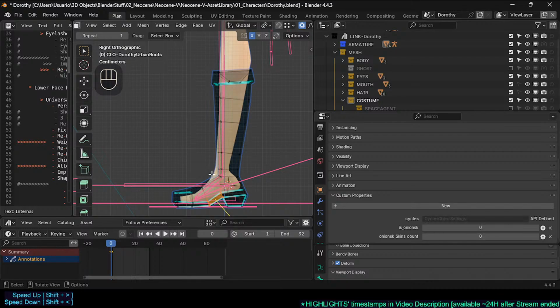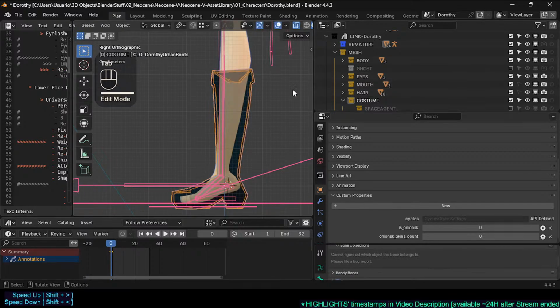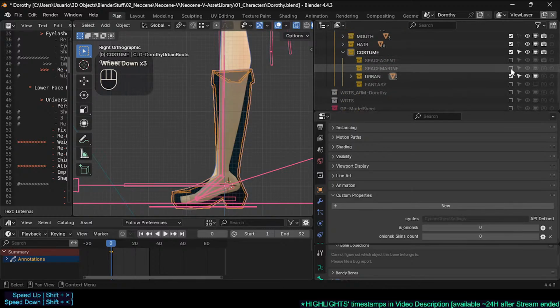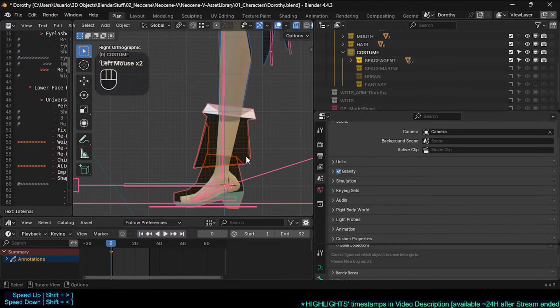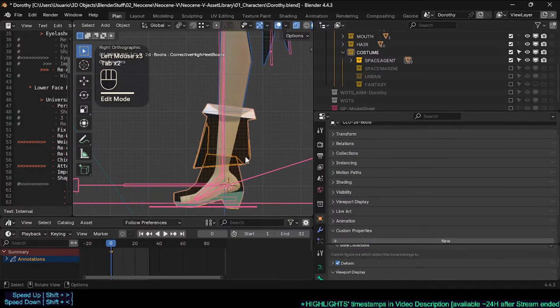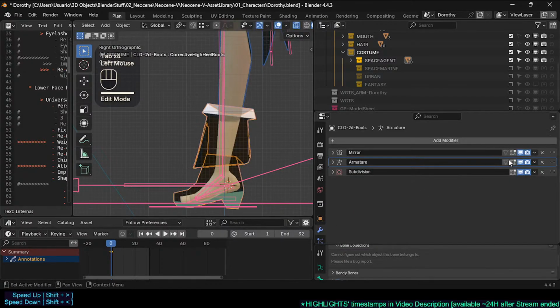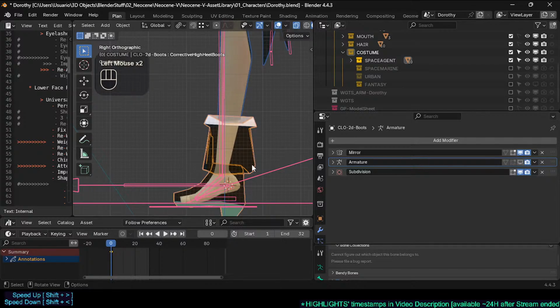If I am thinking correctly. Hold on, I need to be sure here. So let's go back to the one that is working. Let's turn off the, okay, so you see, no, it's not modeled.